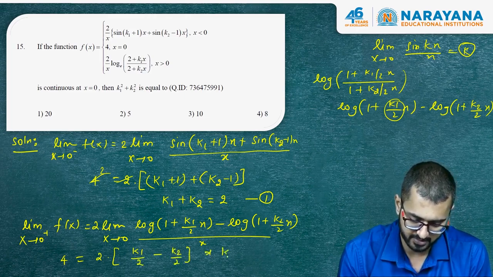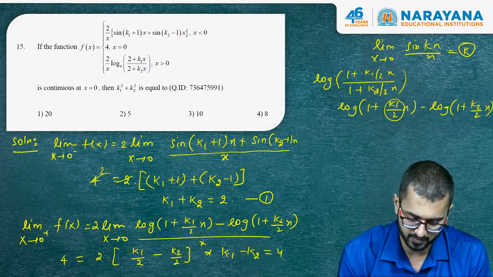So from here I have k1 minus k2 is equal to 4. This is my equation 2.